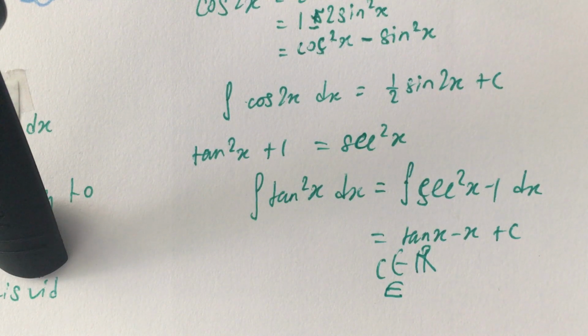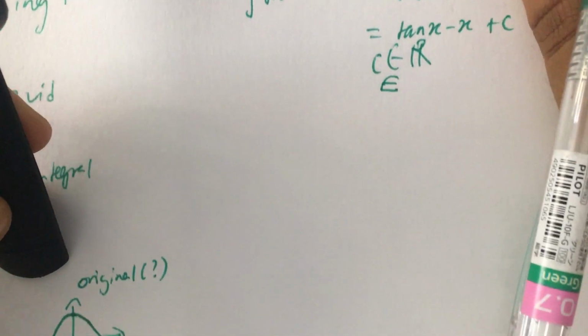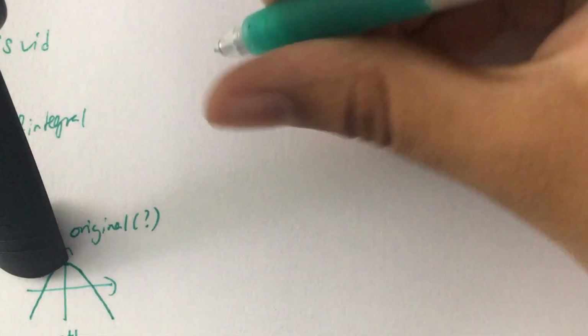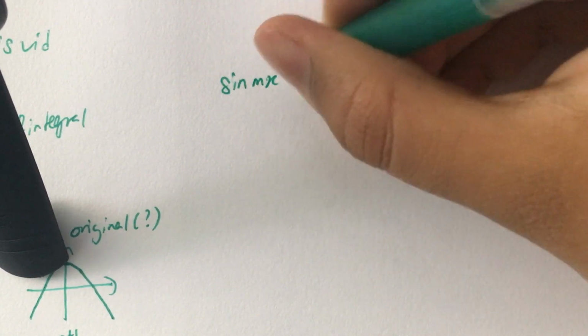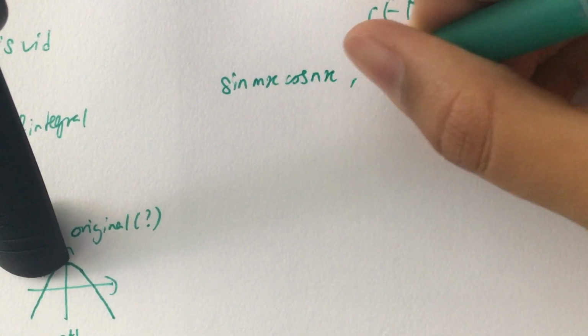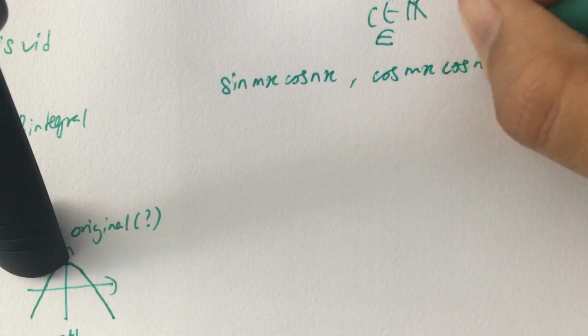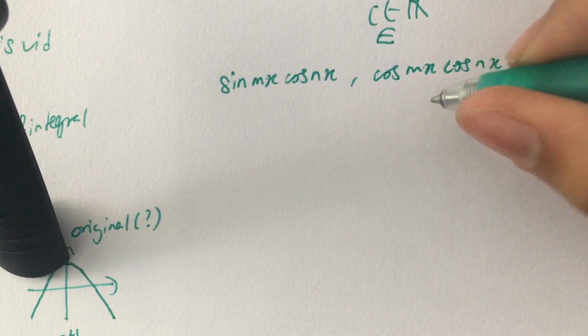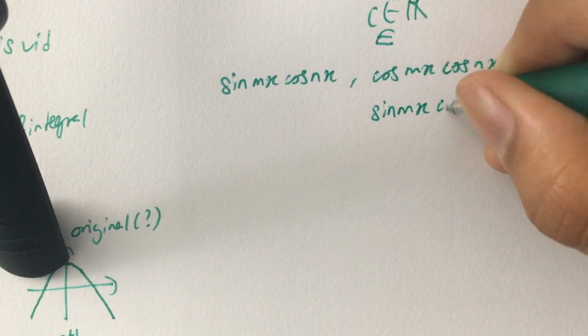Okay, so the next part is sine mx cosine nx, cosine mx cosine nx, and sine mx sine nx. Sorry, I guess that sounded like gibberish. In this part, you get a combination of sine and cosine in your term, and that's actually better because you have both.